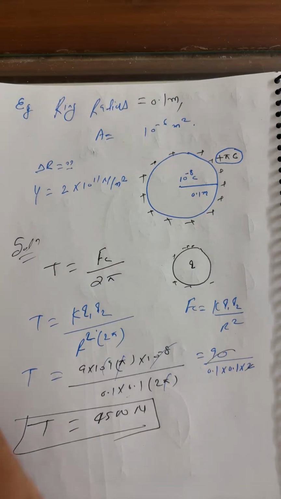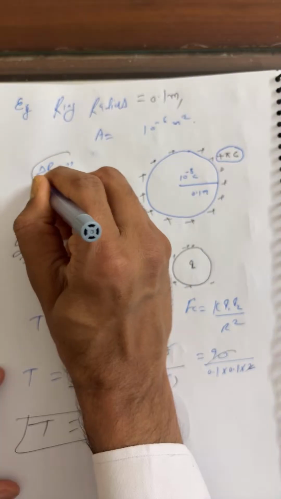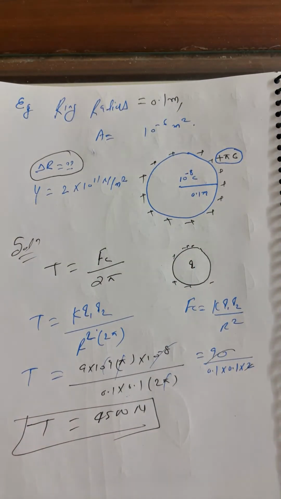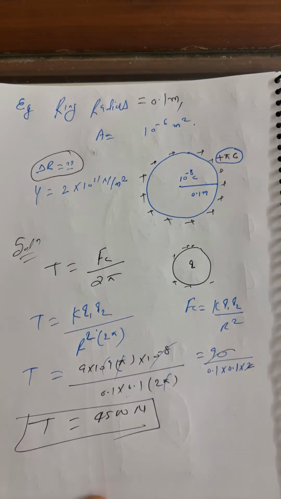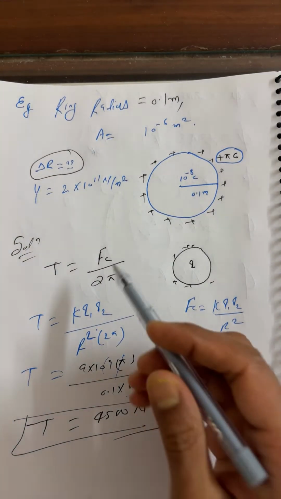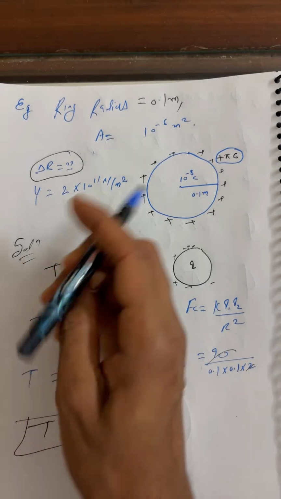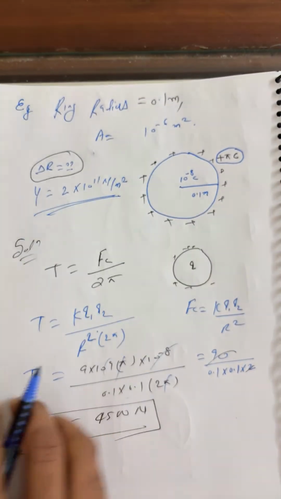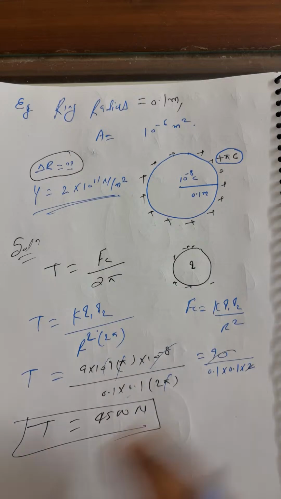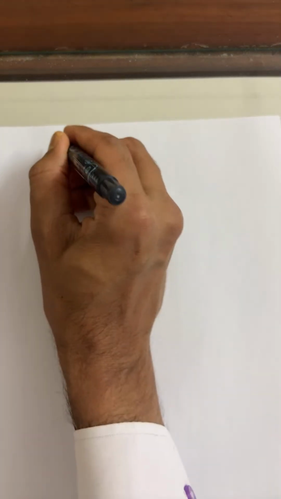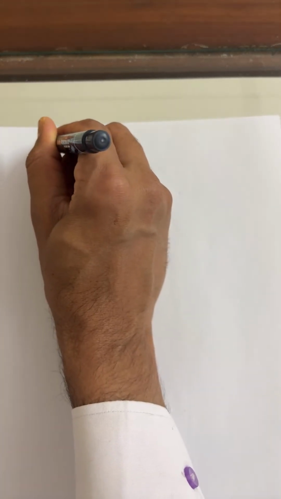Here, what do we wish to find? What is our target? Delta R. If we wish to find delta R, what can you apply for this question? Young's modulus is already mentioned in the question, so at least you have to think once of the mechanics of solids concept.